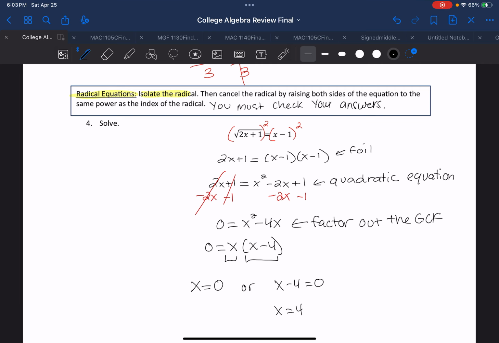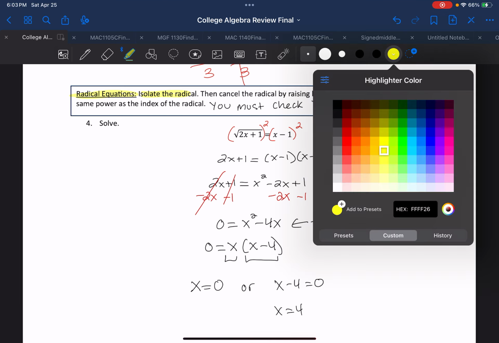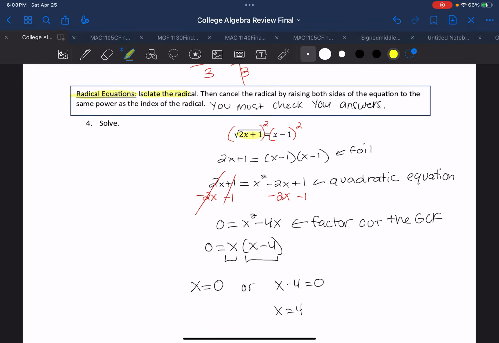It can be 0, that's okay. But this expression underneath the radical, the 2x plus 1 in the original, cannot be negative if I plug any of these in. But also, even if it doesn't make that negative, I need to check to make sure it makes the original equation true.